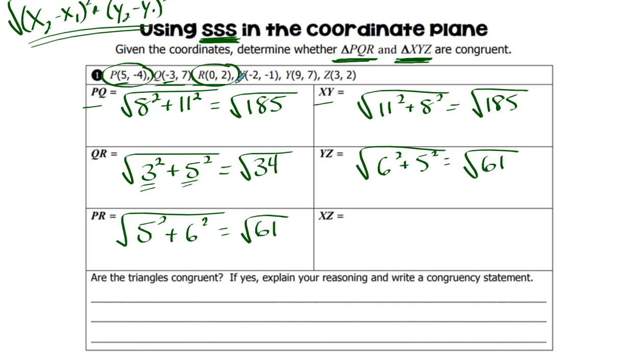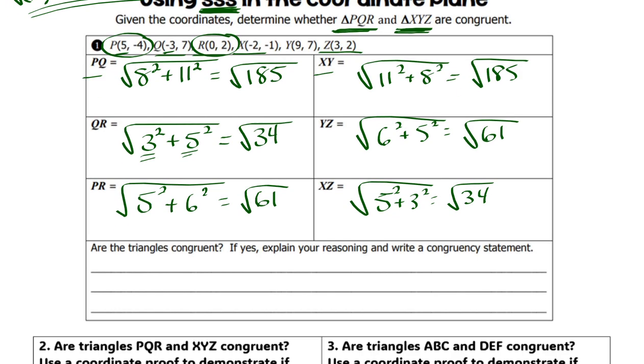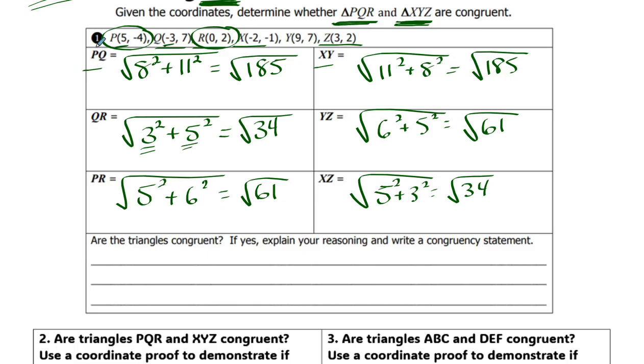Now from X to Z, from negative 2 to 3 is 5. From negative 1 to 2 is 3. So we get the square root of 34 again. This is exactly what we're looking for. We get PQ and XY congruent.